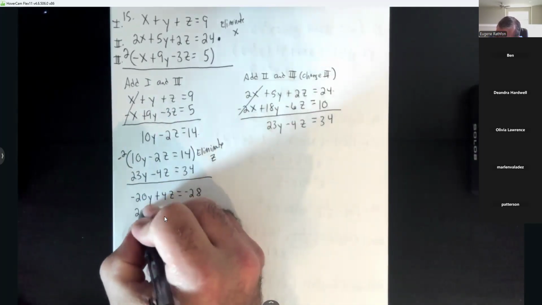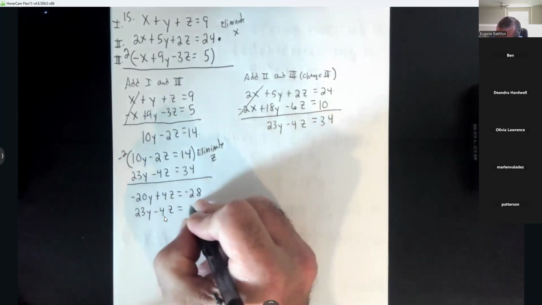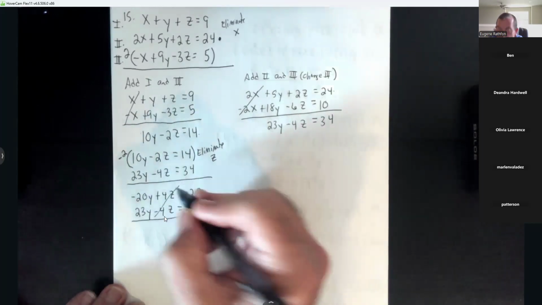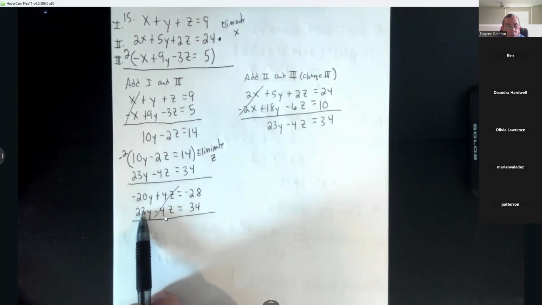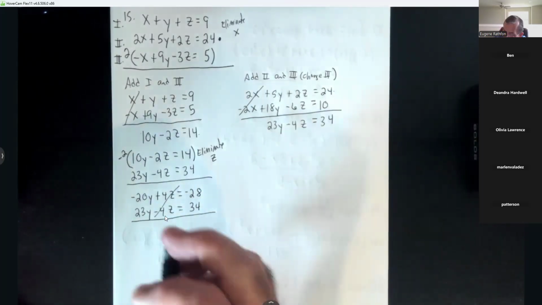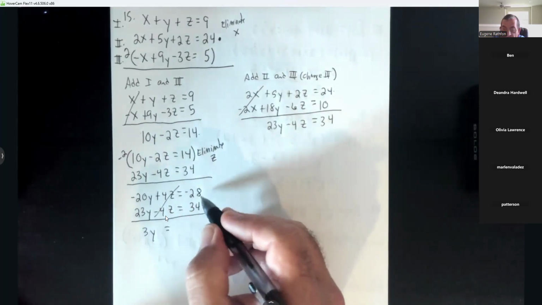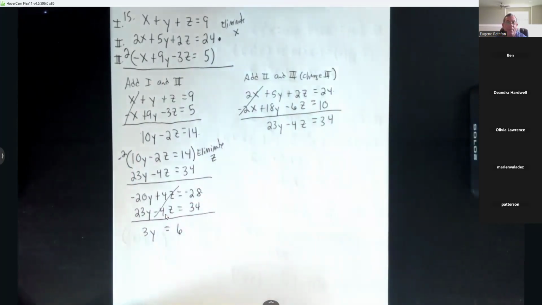Now bring down your second row. All right, y'all, so the z's do cancel. So let's see what we got left. Negative 20 and 23 give me what, 3y. That's going to equal 34 and negative 28, which is a positive 6.